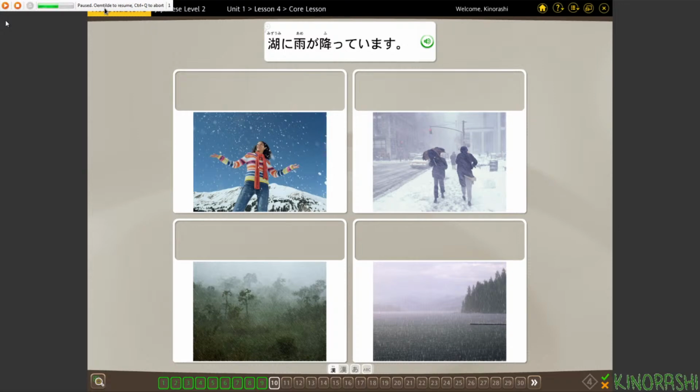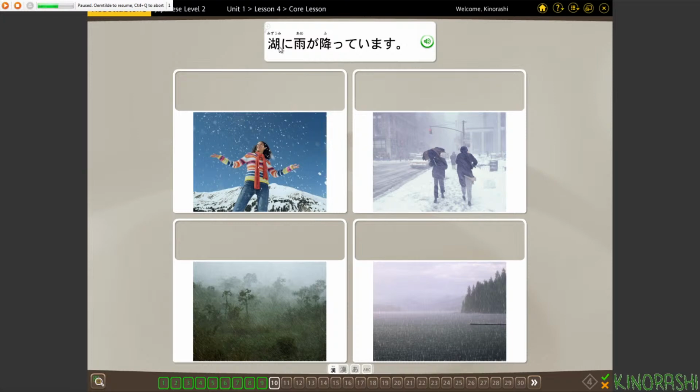Old in Japanese. How to write new and old. Here we go. Oh, Furui. Yes, it is. Furui. Okay, so that looks like the symbol for Furui right there.